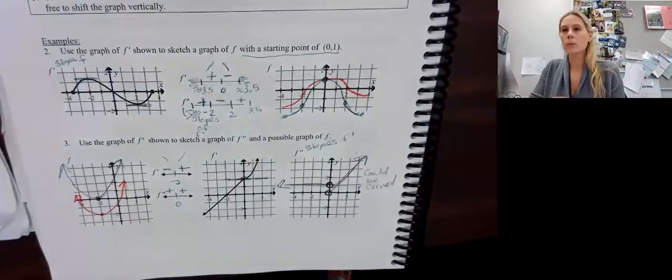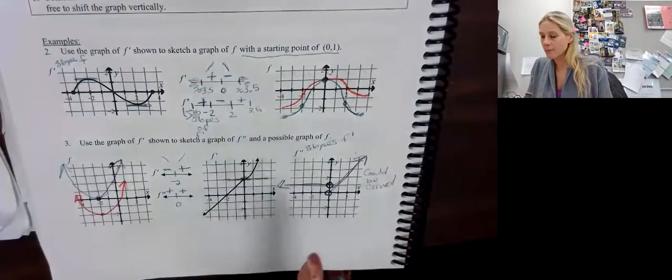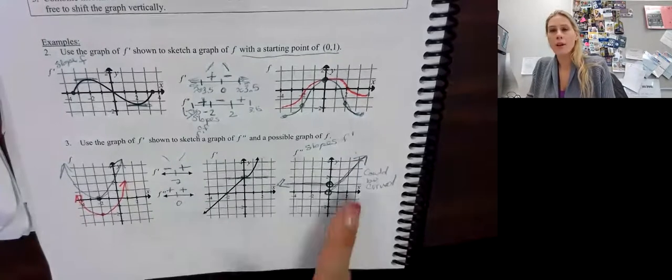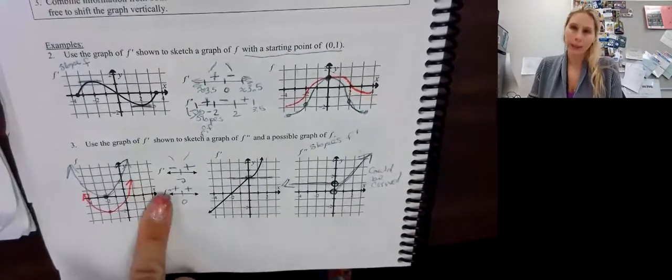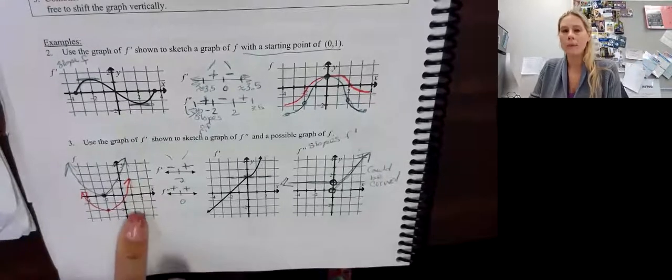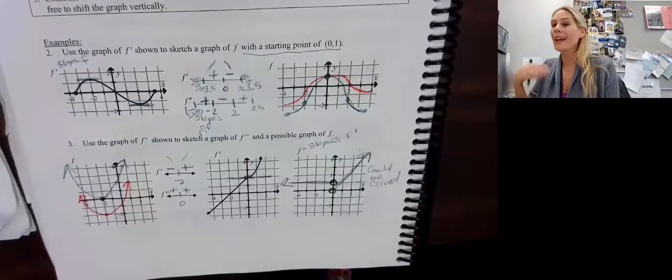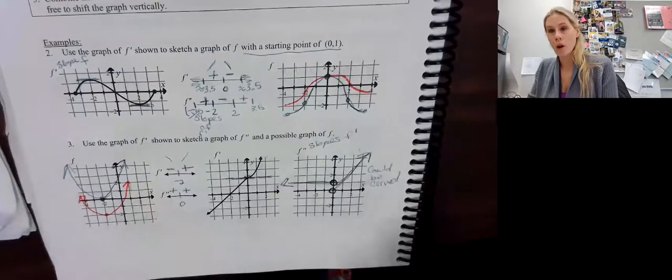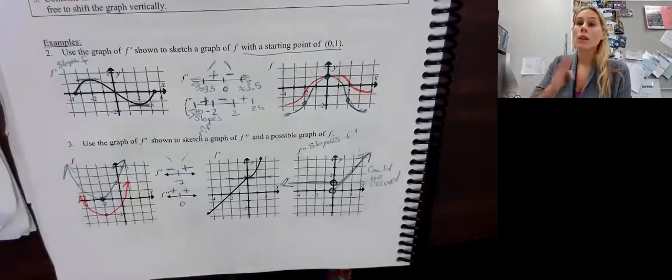Most of the time, guys, we are going to be given the f prime or f double prime, and we have to find the original. That's what will happen most of the time. You need to get used to what each graph shows us of the one before or the original one.